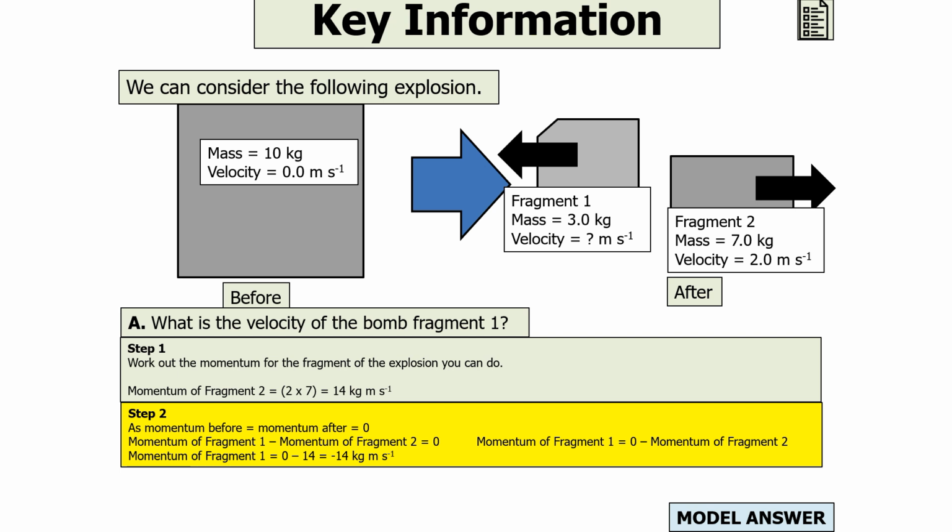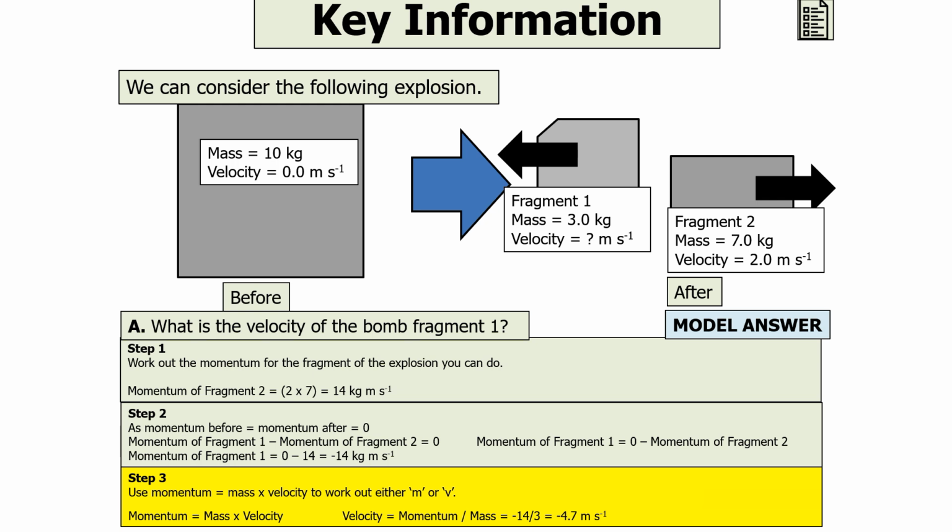So this tells us if fragment 2 has a momentum of plus 14 kilogram meters per second, well then the momentum of fragment 1 must be minus 14 kilogram meters per second. We can then say that momentum is mass times by velocity, so velocity is momentum over mass, so it's minus 14 over 3, which is minus 4.7 meters per second. The negative value indicates that it's moving in the opposite direction to the other fragment.